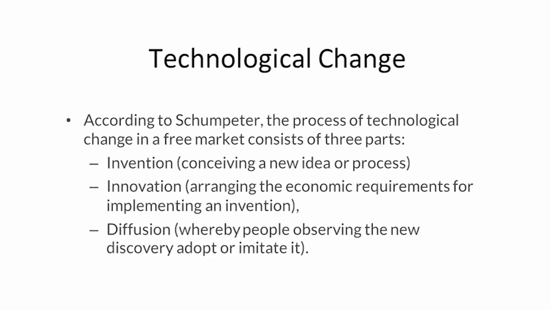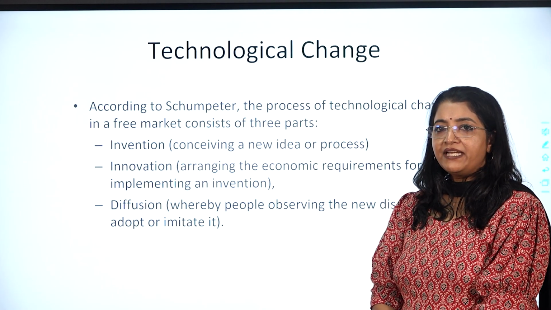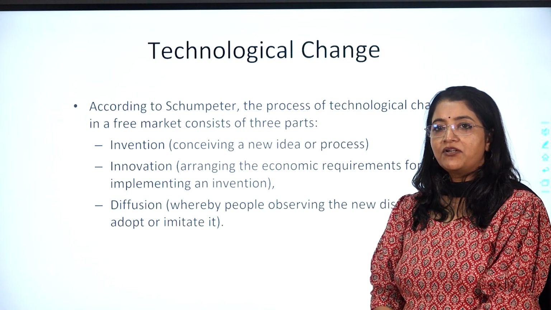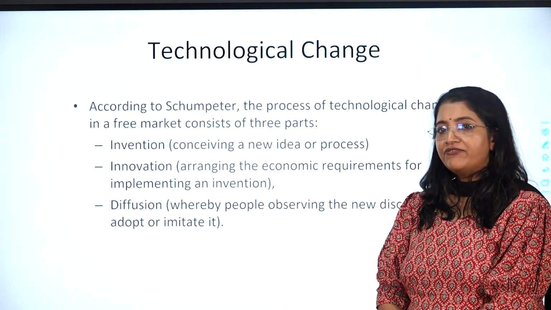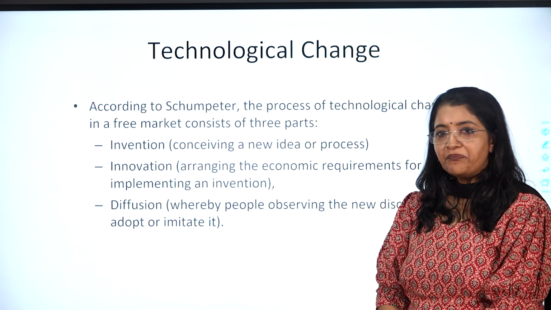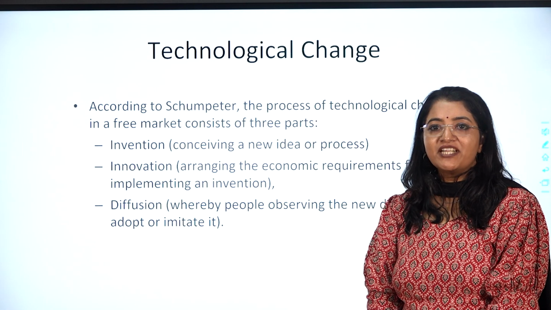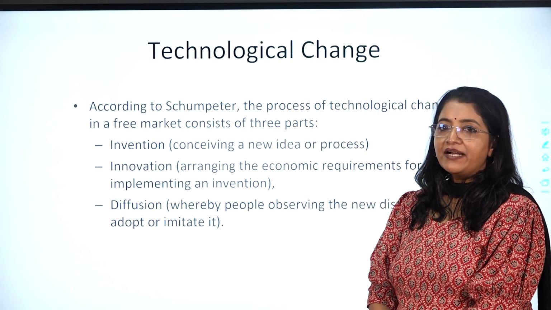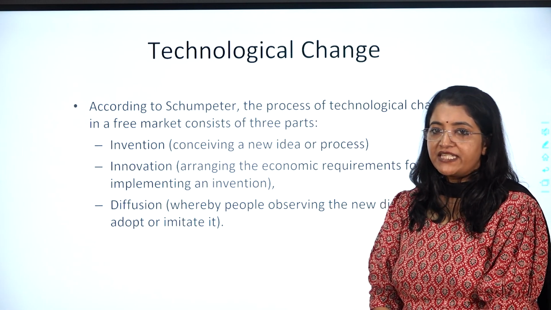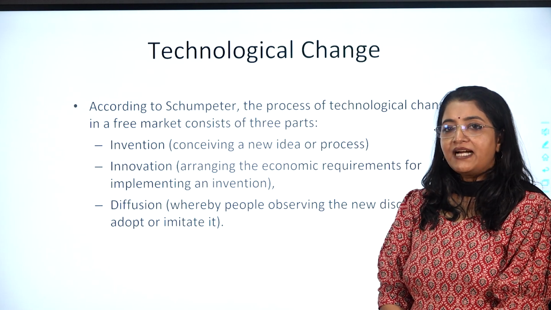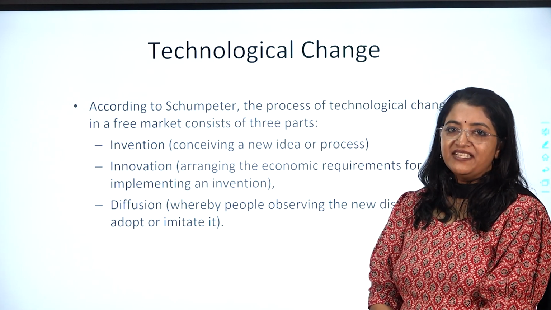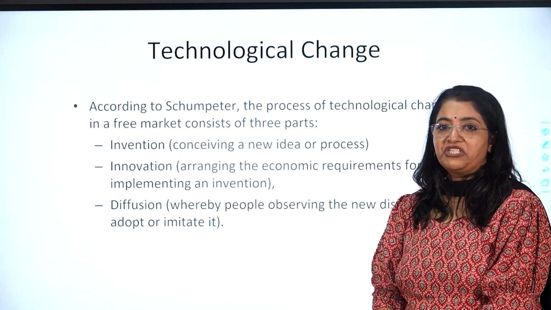Regarding technological change, we can't actually think about technological change in different phases. According to Schumpeter, the process of technological change in a free market consists of three parts: invention, innovation and diffusion.